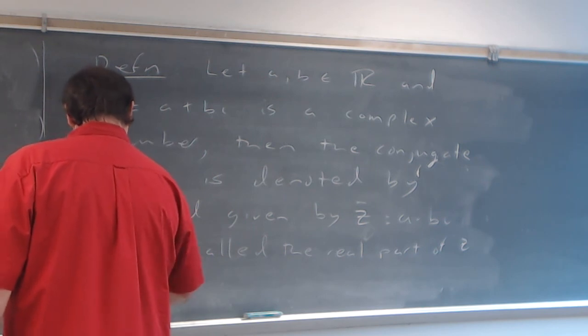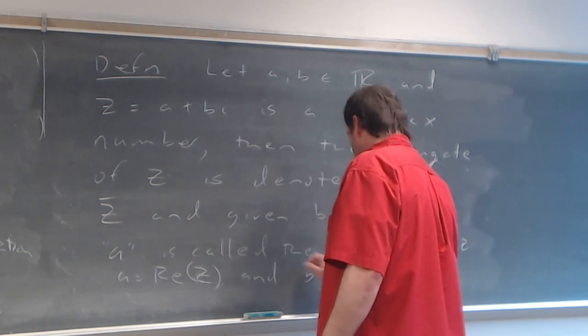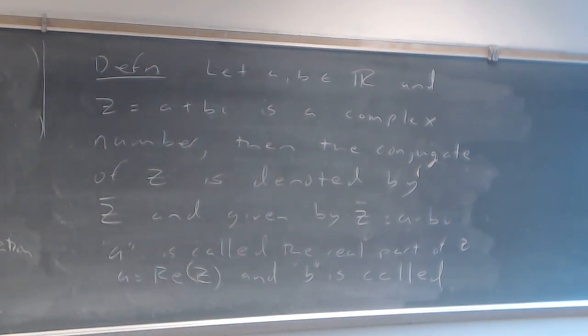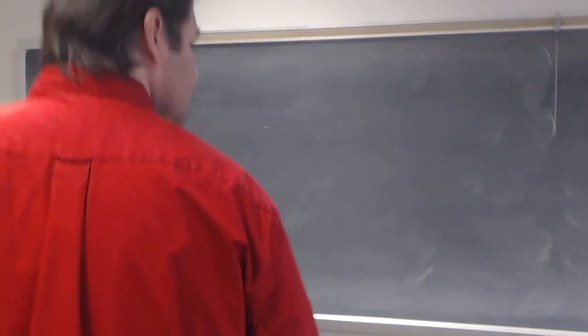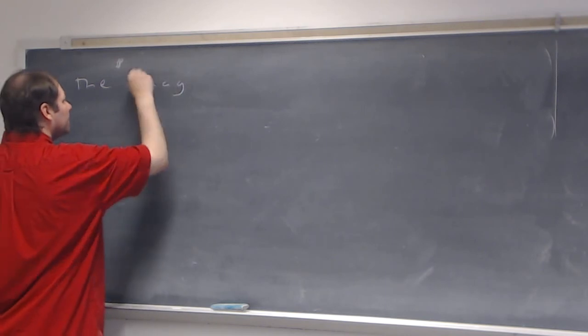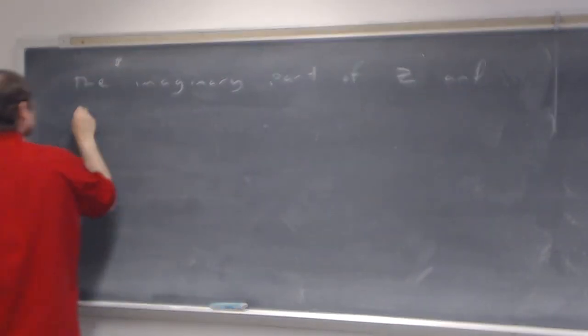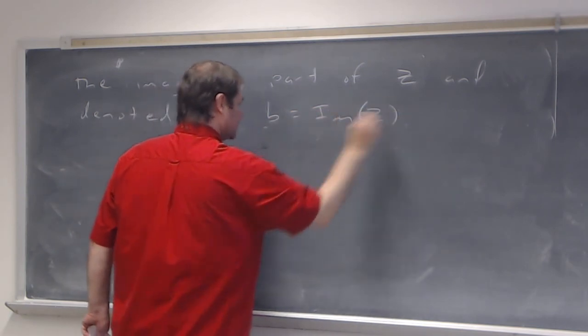And that is A equals the real part of Z. And B is called the imaginary part of Z, and denoted by B equals the imaginary part of Z this way.